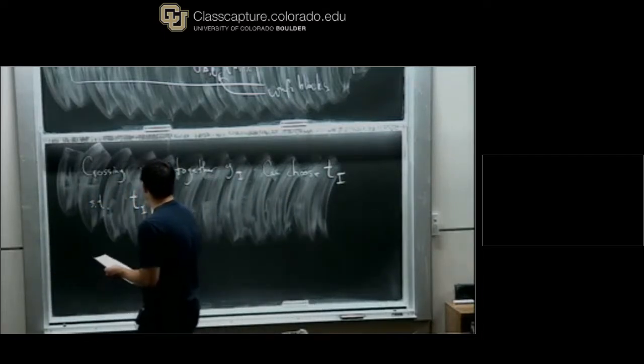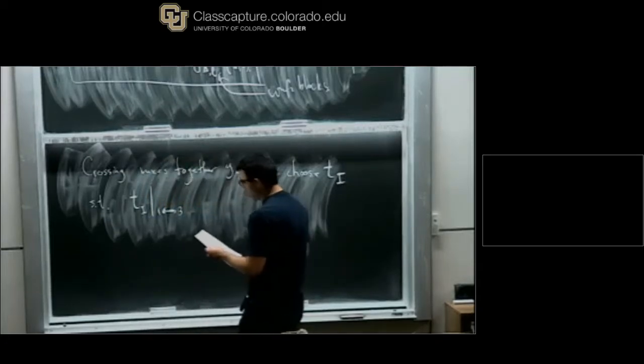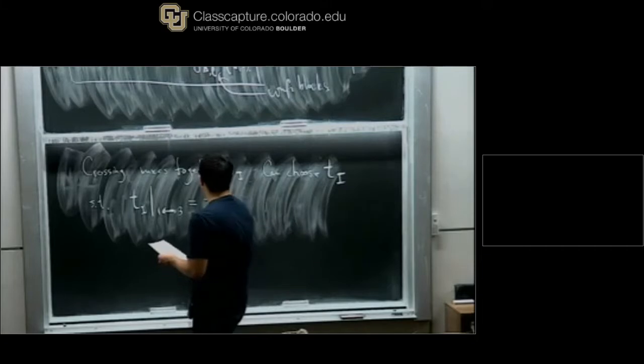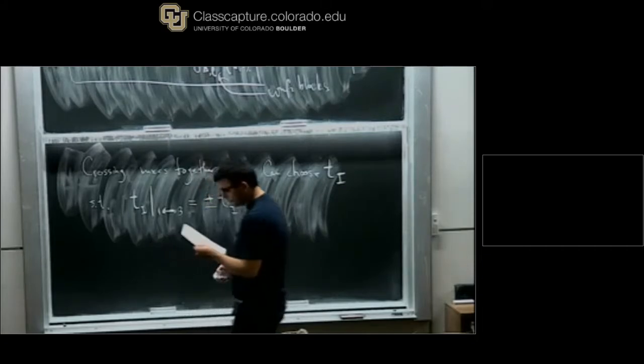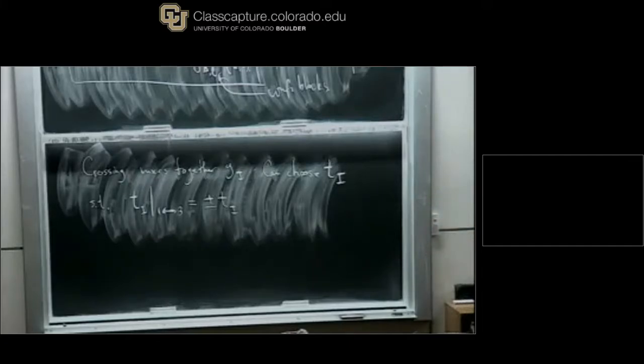So TI, when 1 is interchanged with 3, is plus or minus TI. I think out of the 5, you can take 2 to be even and 3 to be odd.